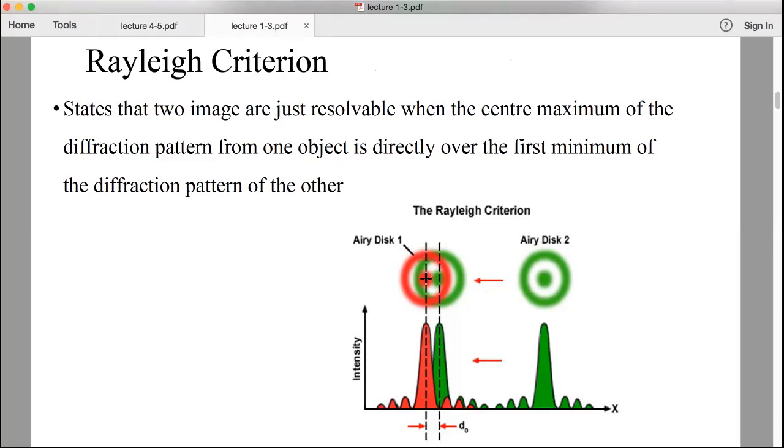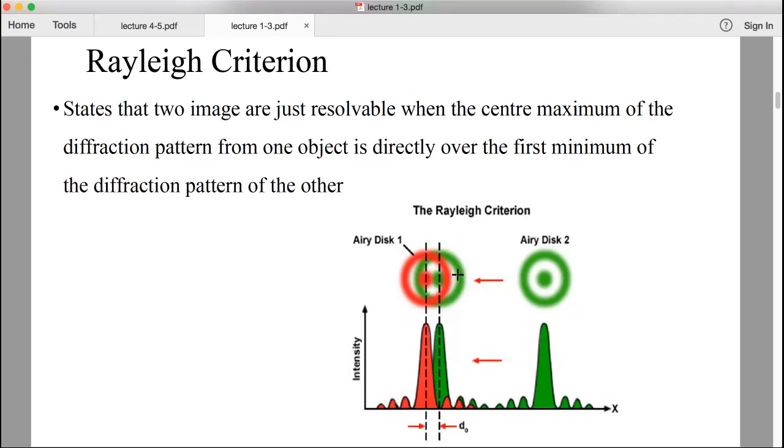Now you have a particle, let's say 2 particles closely situated. When you illuminate a particle with a beam of light, it starts producing this diffraction ring. We call it an Airy disk, right? And again, the second particle will also produce this Airy disk.